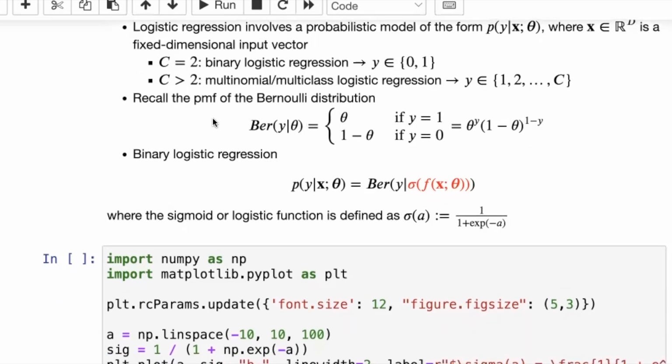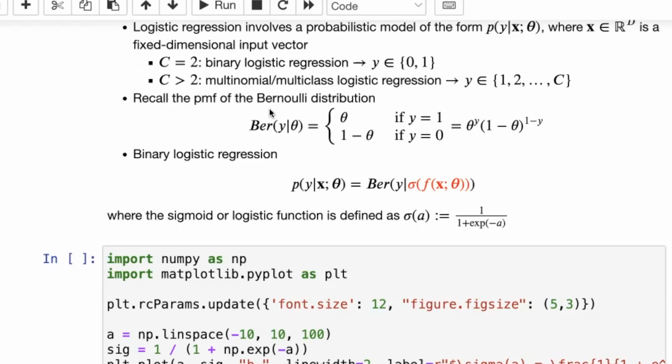In order to understand logistic regression, we need to recall the probability mass function of the Bernoulli distribution. Just to recap, a Bernoulli distribution is a discrete random variable that has two possible outcomes, 1 and 0. This is something we can use, for example, to model the outcome of a coin flip, right? So in this case, we get either heads or tails, and we can call this 1 and 0.